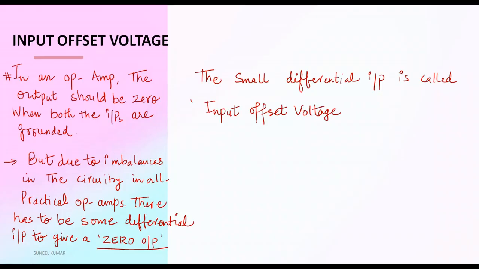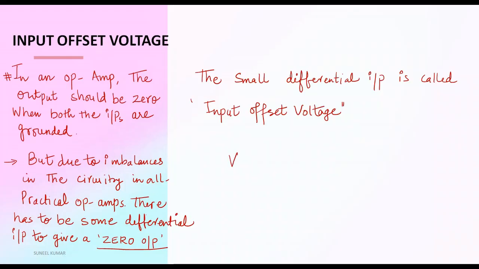So simply we can say that when our inputs are zero, the output should be zero, but because we have applied some power supply between terminals 4 and 7, we are not getting zero output. So we need to apply some differential input so that we can get zero output, and this differential input is known as the input offset voltage.